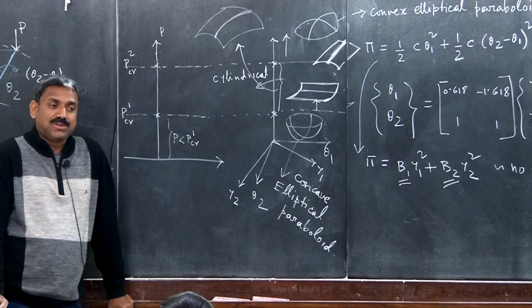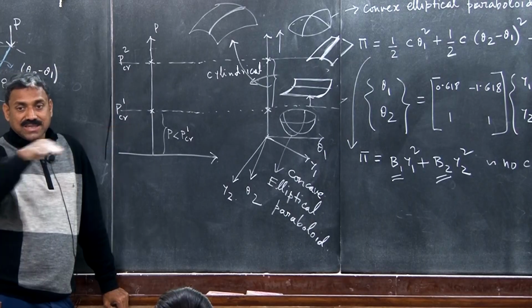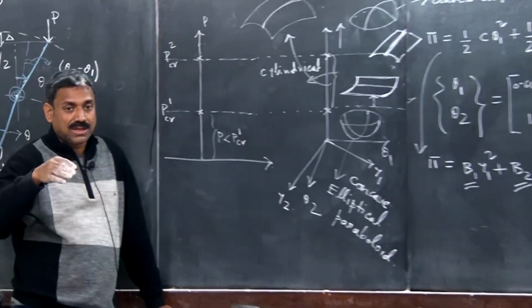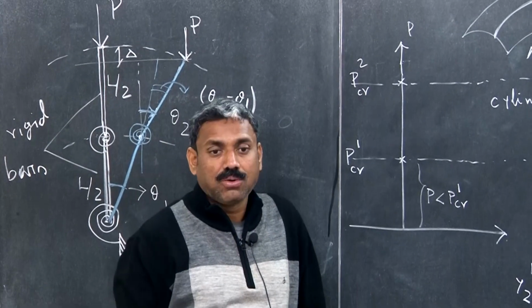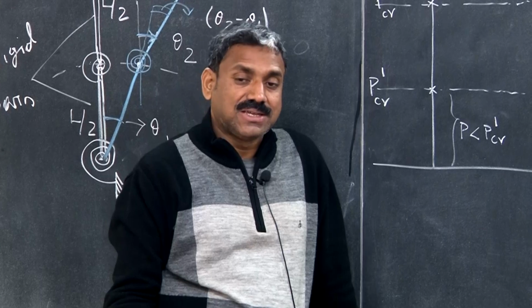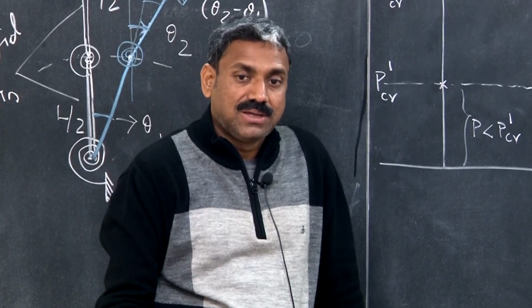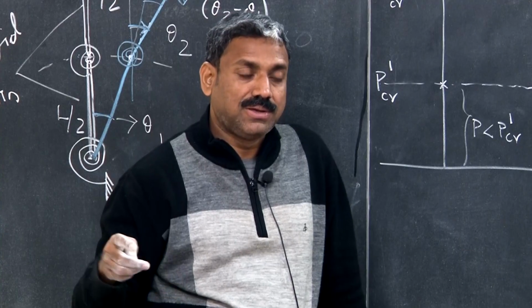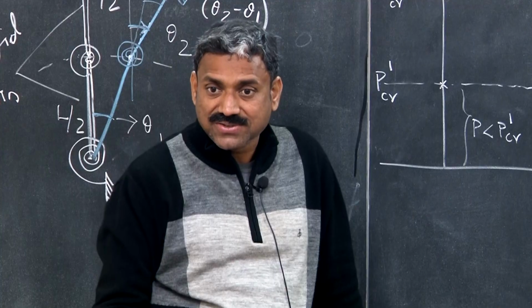Y square is equal to 4x for a parabola if its axis is along x or y equal to 0. Otherwise, a generalized parabola will have this coupling term. So it is x square plus y square plus 2gx plus 2fy plus 2fxy plus c is equal to 0. That's the generalized conic section.